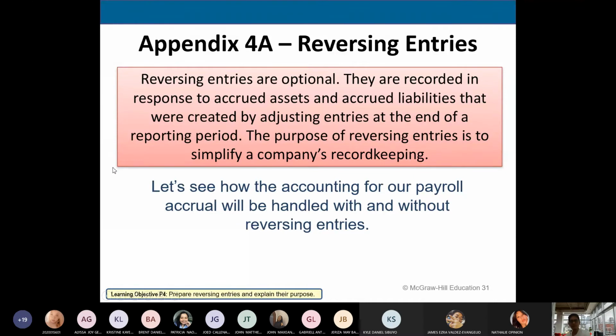They are recorded in response to accrued assets and accrued liabilities that were created by adjusting entries at the end of the reporting period. No? Ang pinaka-purpose nito is simplify the company's record keeping. So, yung mga adjusting entries mo last year, i-reverse mo lang. Ganun lang, ibig sabihin na reversing entries. No? Let's talk more of how this process is done.